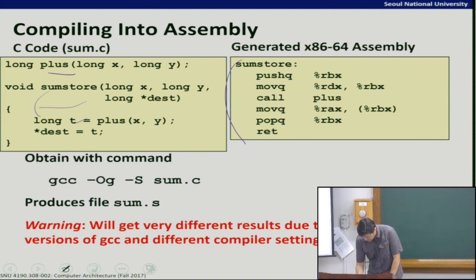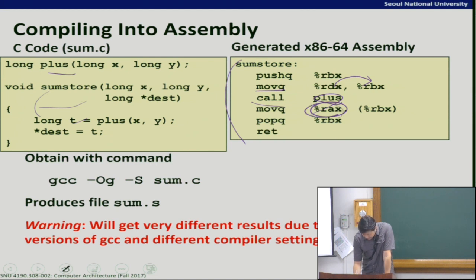Basically, this instruction copies the RDX register value into the RBX register, and then you call the function called plus, and it stores the return value. The return value is stored in the RAX register by convention.